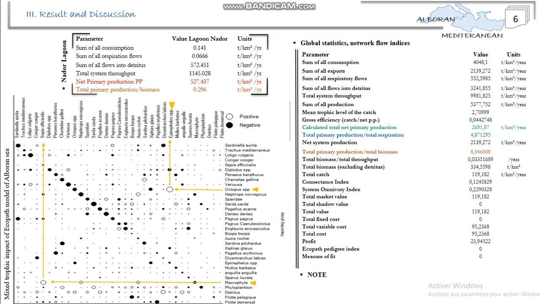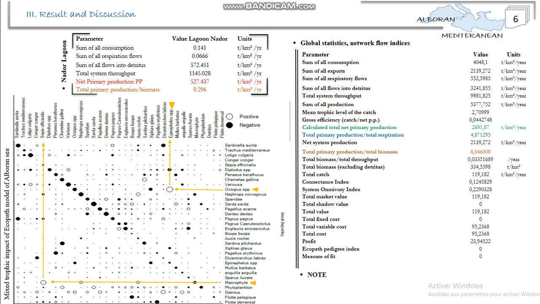And if we compare that with the statistical results of the Lagoon of Nador, which is an ecosystem open to the Alboran Sea, it benefits from this biodiversity to be in a mature state, and this is clear with the index of primary production on biomass, which is inferior to 1.